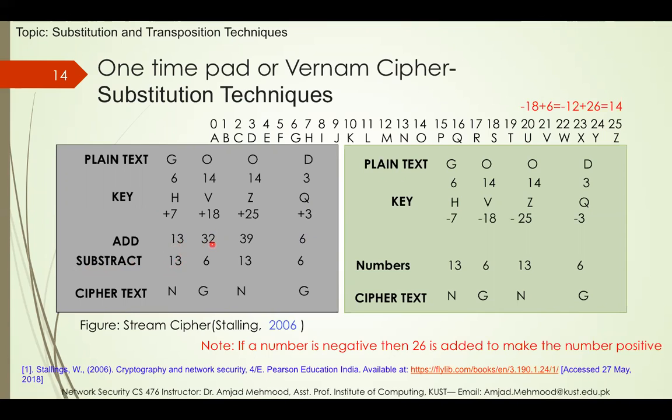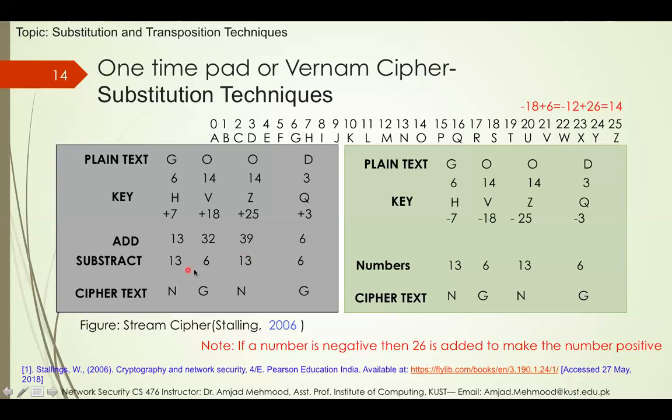For the 32, as this is greater than 26, we subtract 26 and get 6. This is again greater than 26, so we subtract and get 13, and this is less than 26, so there is no need of subtraction.